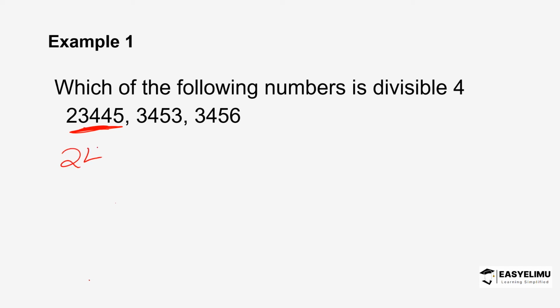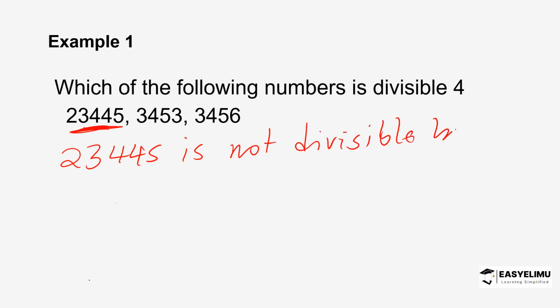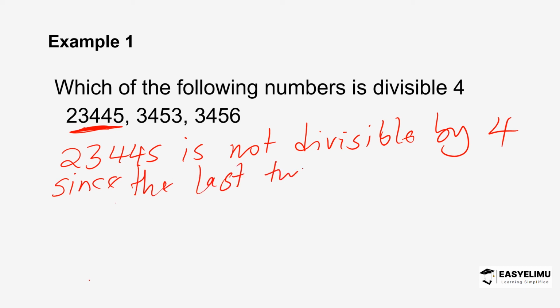So 23,445 is not divisible by 4 since the last two digits form a number 45, and 45 is not divisible by 4.